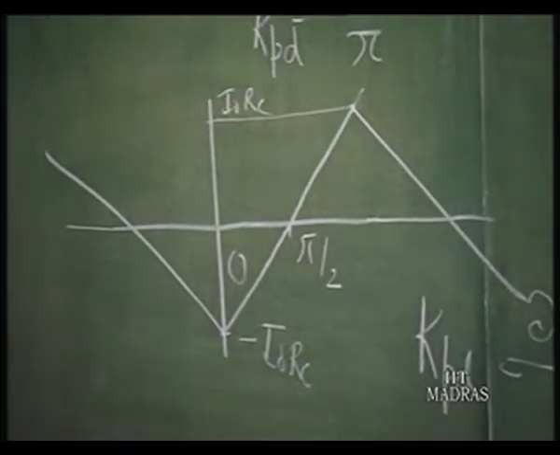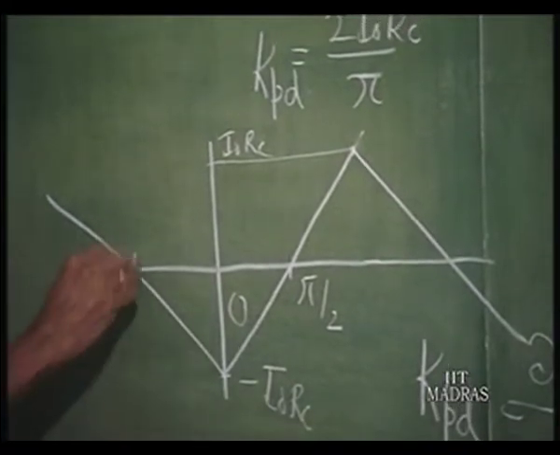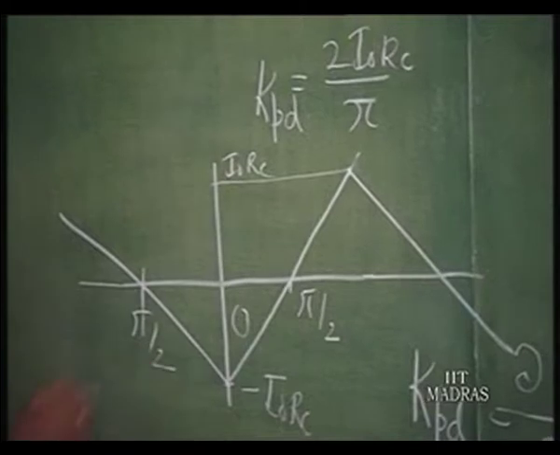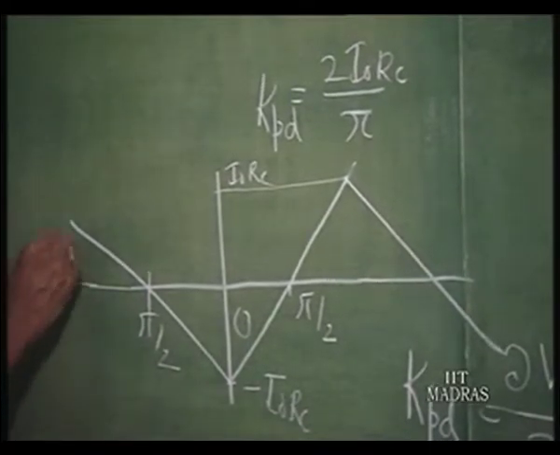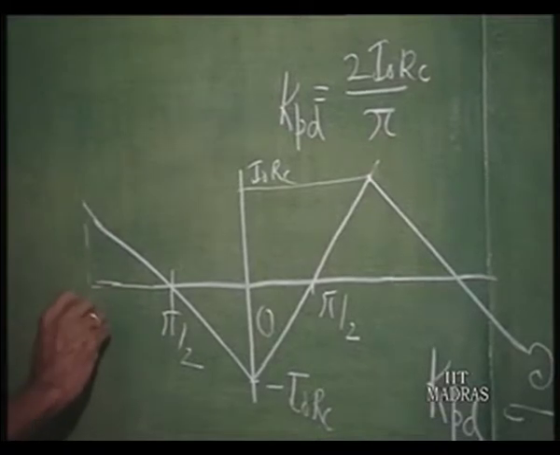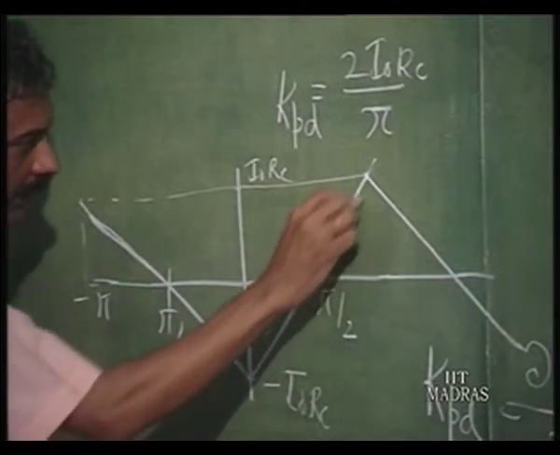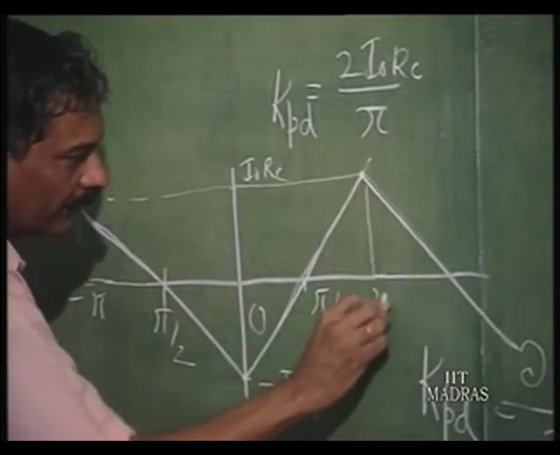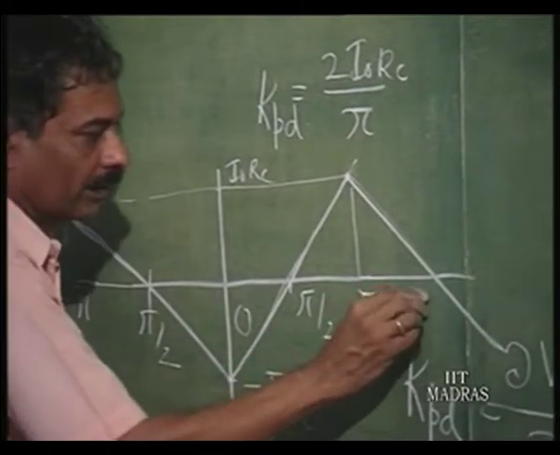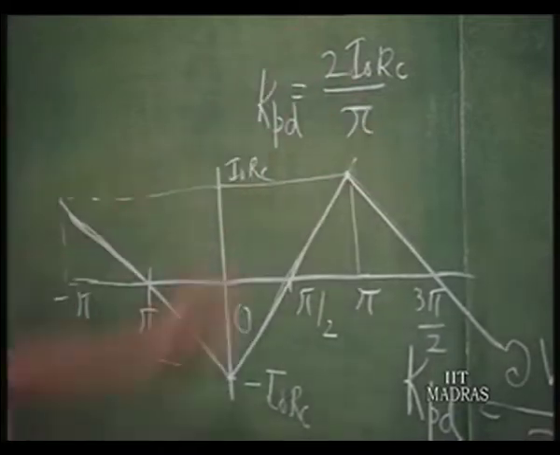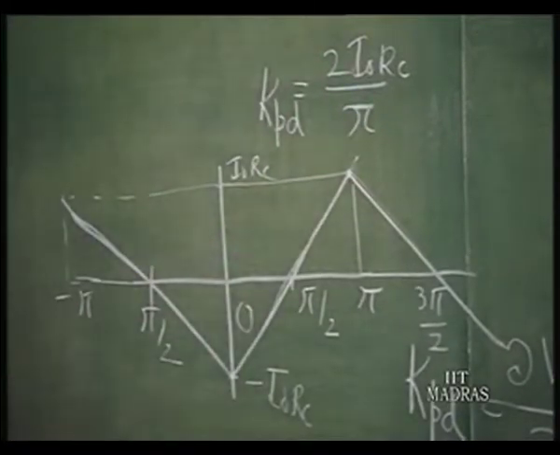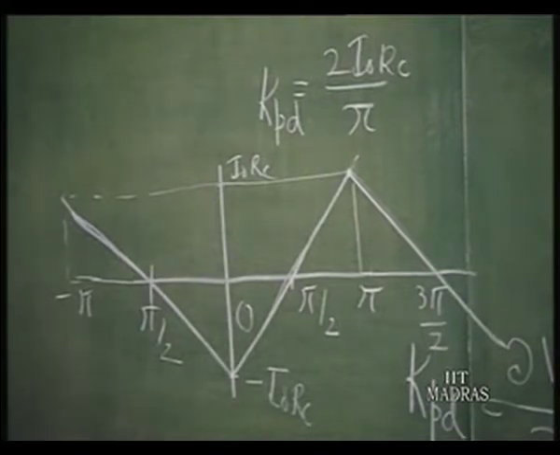It cannot make out whether the phase is leading or lagging, right. So, whether it is lagging or leading, it will give you the same output, and therefore its characteristic will be like this. Linear, it goes on like this. This is for pi, this is for 3 pi by 2, and so on. So, if you know this much information, you can actually use this as a basic building block in a variety of communication circuits.